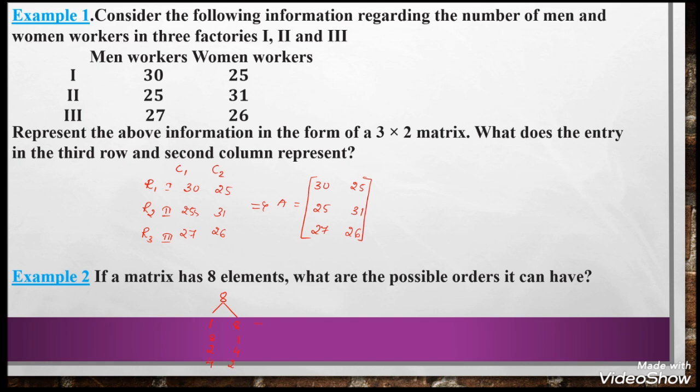Therefore, it can be written as 1 cross 8, that is 1 row, 8 columns; 8 rows, 1 column; 2 rows, 4 columns; or 4 rows, 2 columns. Therefore, there are 4 possible orders. If a matrix contains 8 elements, then it has 4 possible orders.